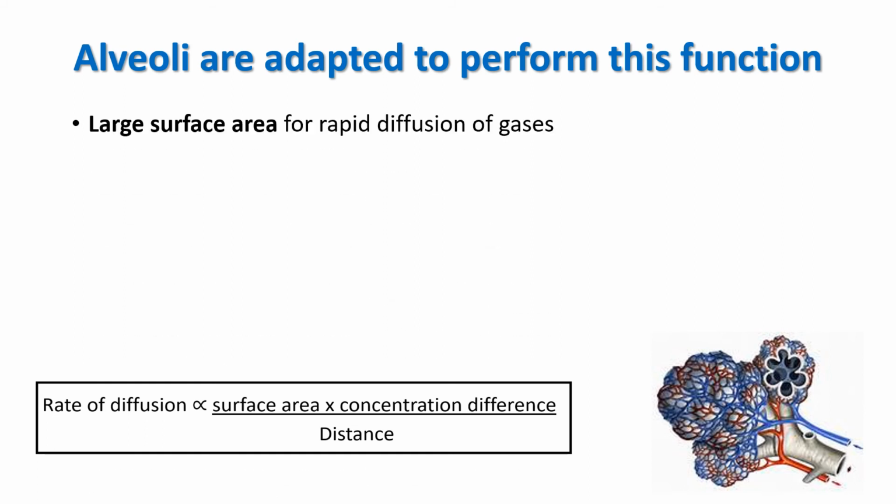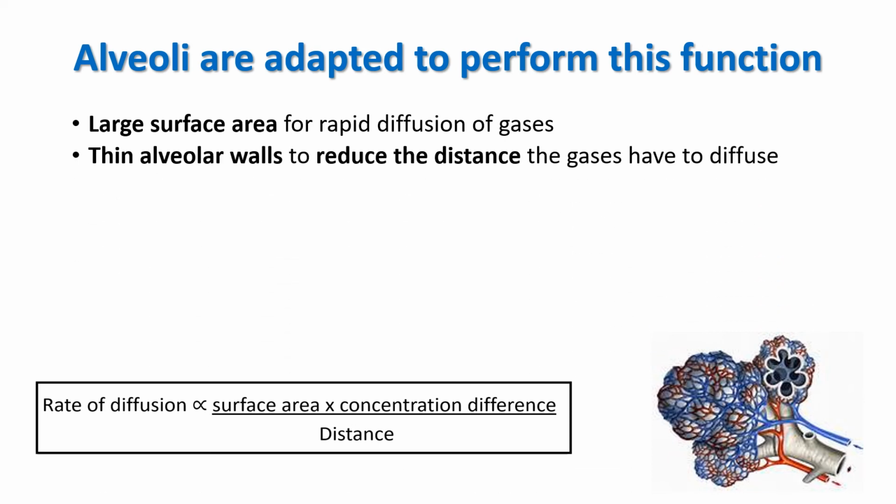How this actually occurs is the alveoli have a very peculiar shape, looks like a little cauliflower shape, and that is because it will increase the surface area. We also have very thin walls, and they have walls that are essentially one cell thick.